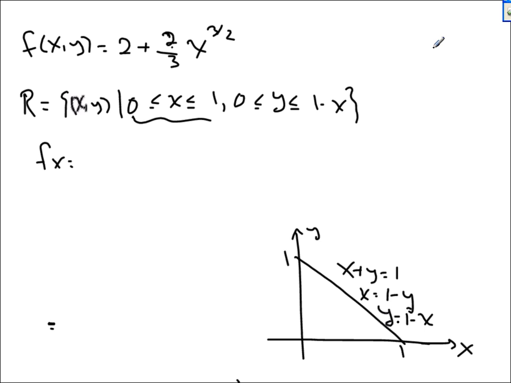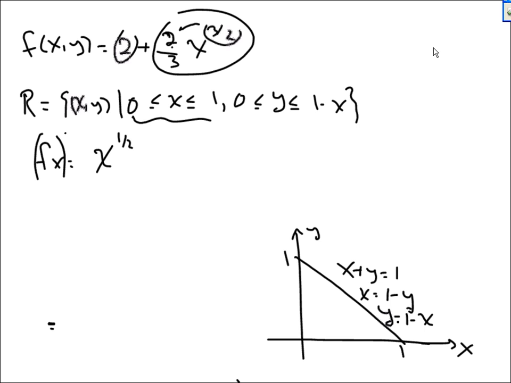Fx is, well, the partial of this with respect to x is 0, plus the partial of this. Well, that's a function of x. You bring down the power, 2/3 times 3/2 is 1, times x to the 1 less is a half. And if you happen to square that, you get x. And fy is just 0.